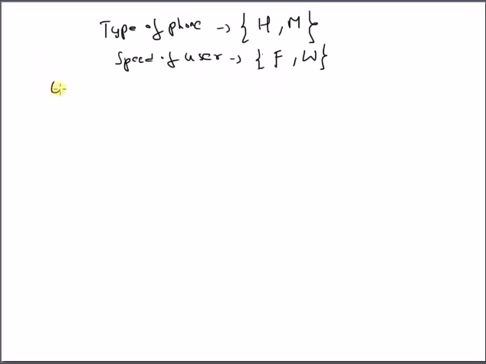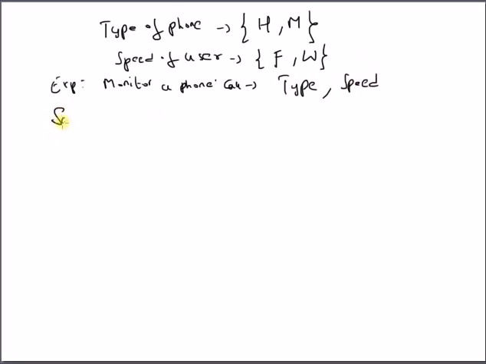So our goal, that is the experiment, is to monitor a phone call and determine the type of the phone and the speed of the user.